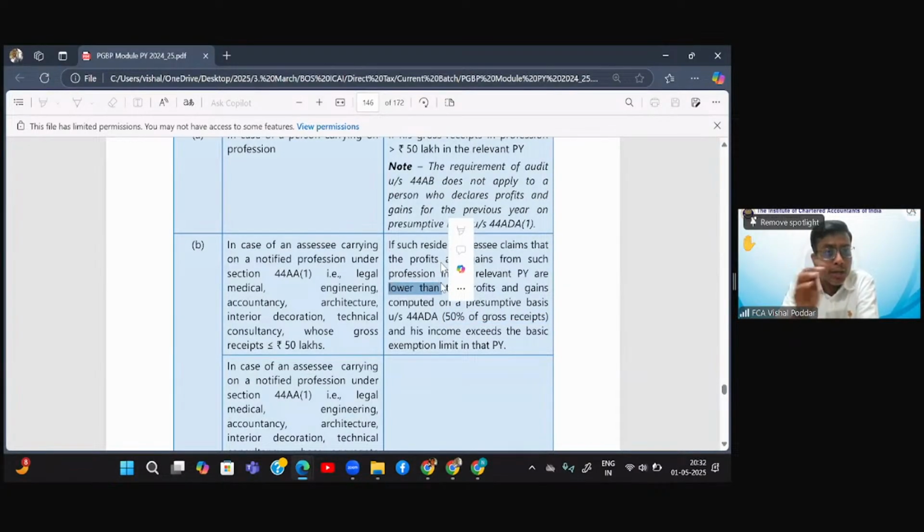You can show higher income, you don't have a problem. But where you are showing your profit as less than 50%, and your total income is above the exemption limit, in such a case also you have to get your books audited.